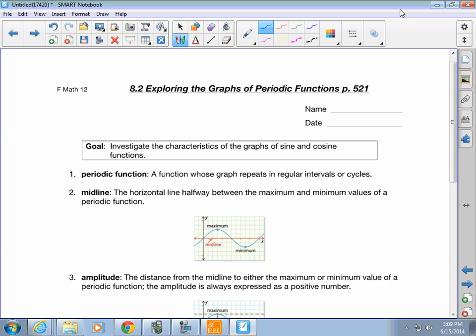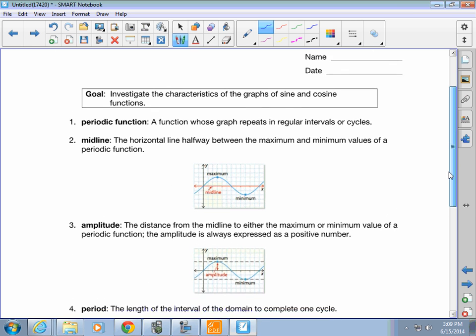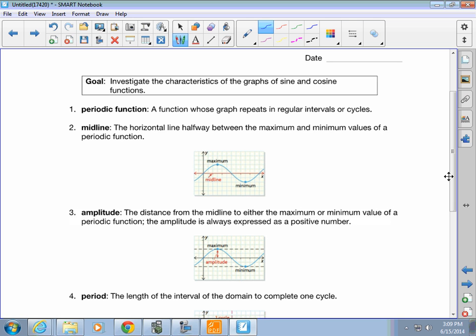So with this we're going to look at some of the actual characteristics of the graphs of these functions. A periodic function is a function whose graph repeats in regular intervals or cycles.